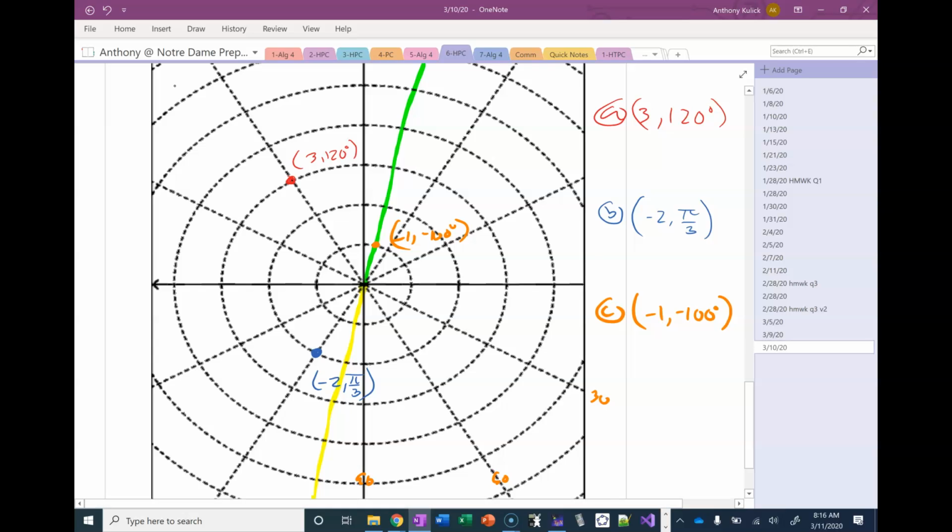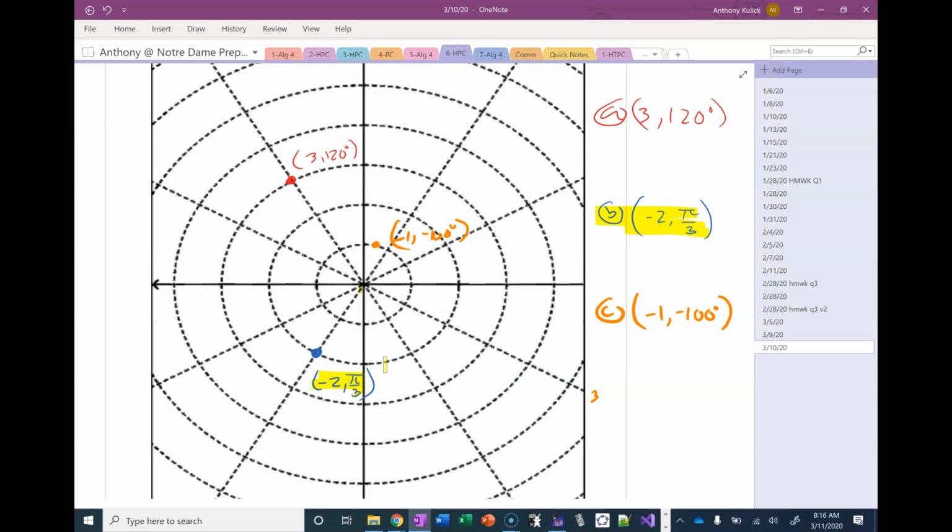So here's a question for you. Let's say we're looking at the point -2, pi over 3. So let's say we're looking at this point here. Is that the only way that I could represent a point in that location?